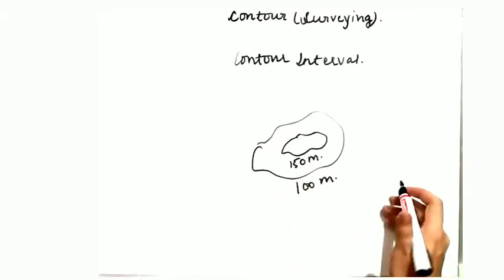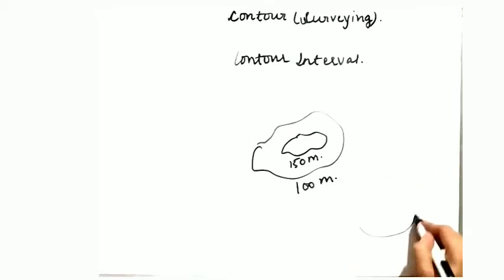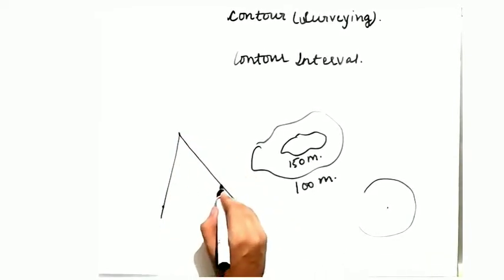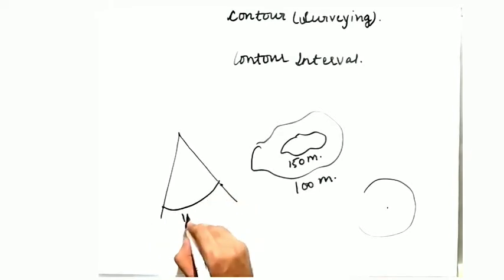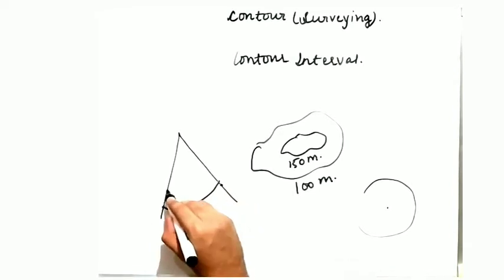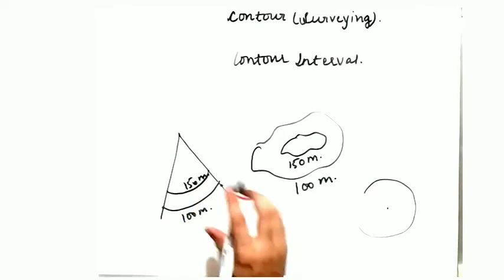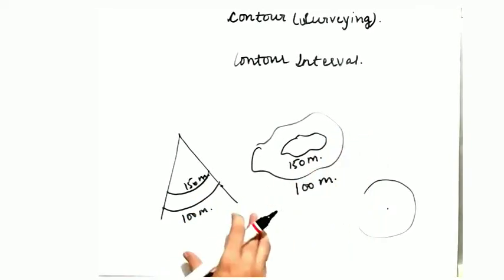When you view a hill, it will be like a circle and a top point. It will be like something like this. So when you view its elevation, suppose this is a point that is of 100 meters, this is the contour, then definitely this will be above 100 meters and this will be suppose 150 meters. Then such contours represent hills.